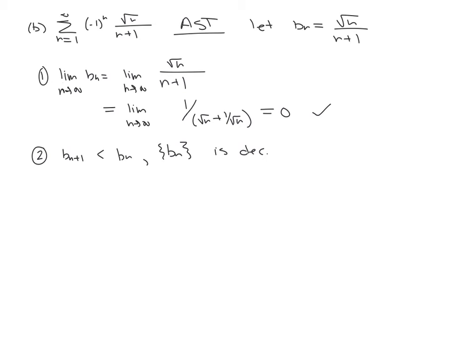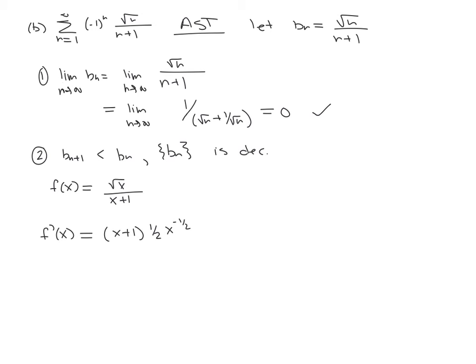And really the way to prove this is to use a derivative and to show that that derivative is negative, which implies that the function is decreasing, which means as the n gets larger, the terms get smaller. So we're going to let the function f of x be root x over x plus 1, and we're going to use the quotient rule to get its derivative. So that would be x plus 1 times 1/2 x to the -1/2.